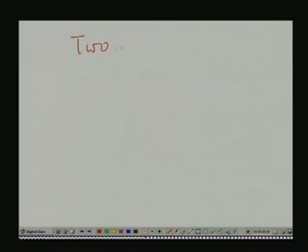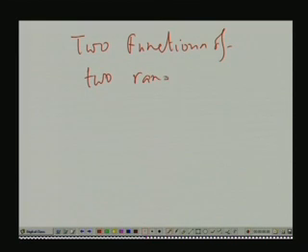So we are considering two functions of two random variables.